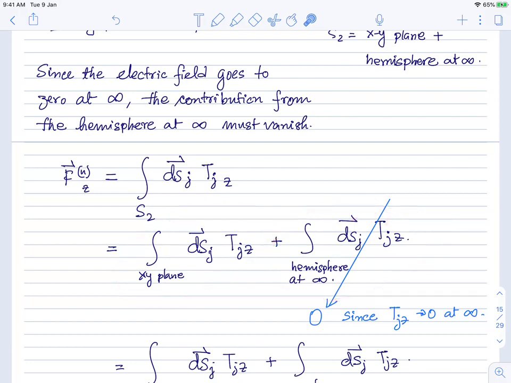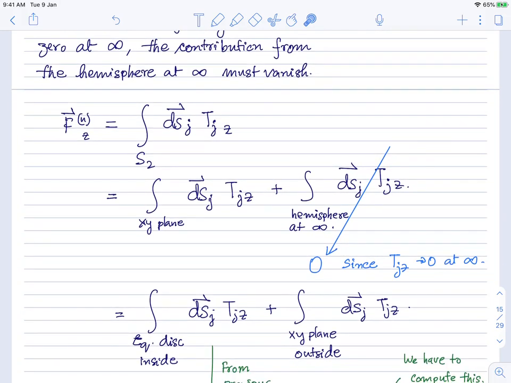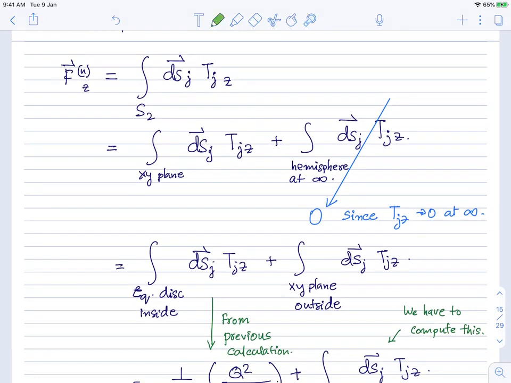These are the two contributions, but the hemisphere one is zero because the Maxwell's stress tensor goes to zero at infinity, because the electric field goes to zero at infinity. Right, so that's the reason.